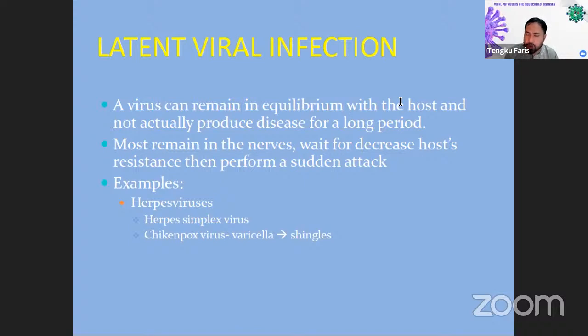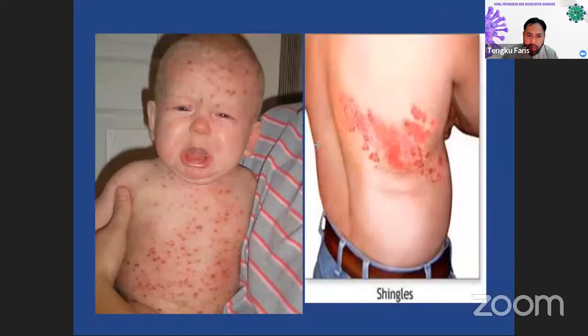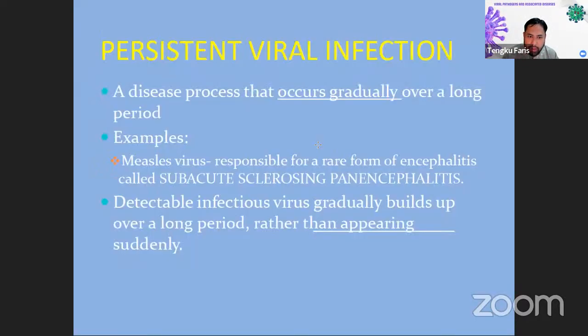They can live with you for more than 10 years without you realizing, and suddenly you get this sudden attack. This is true for herpes viruses like HSV, and the chickenpox virus, varicella zoster virus, which causes shingles. This is shingles.